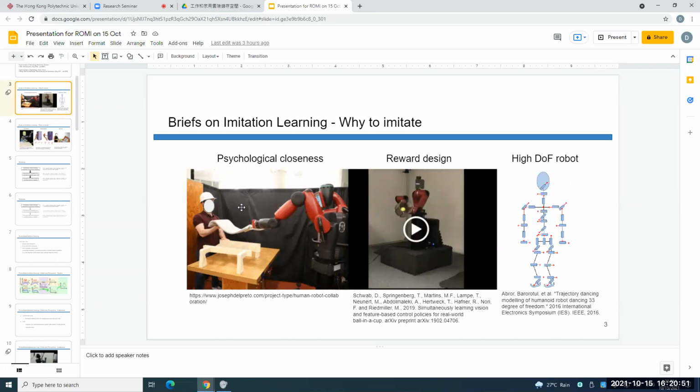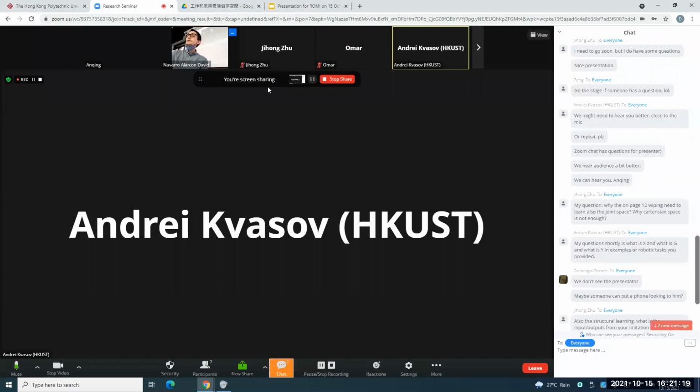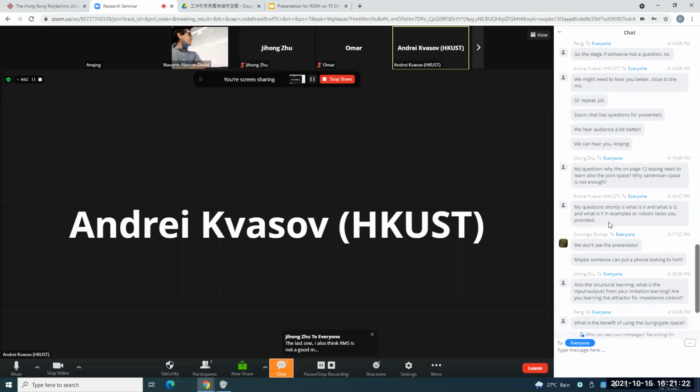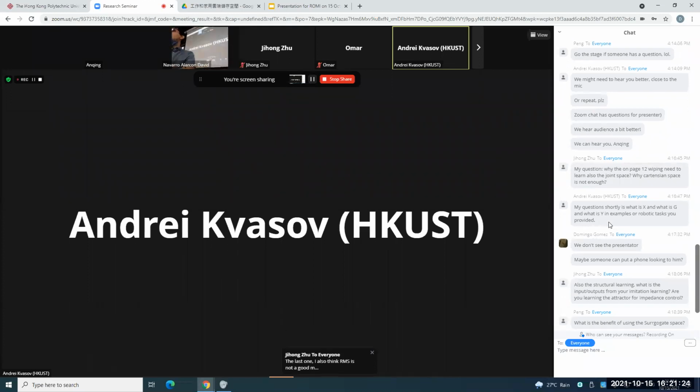If the robot can perform in a human-like manner or like a machine, then maybe we want it to behave more human-like. So by imitating the trajectories in the joint space, the robot looks more like a human. But of course, in terms of task achievement, task space is enough.